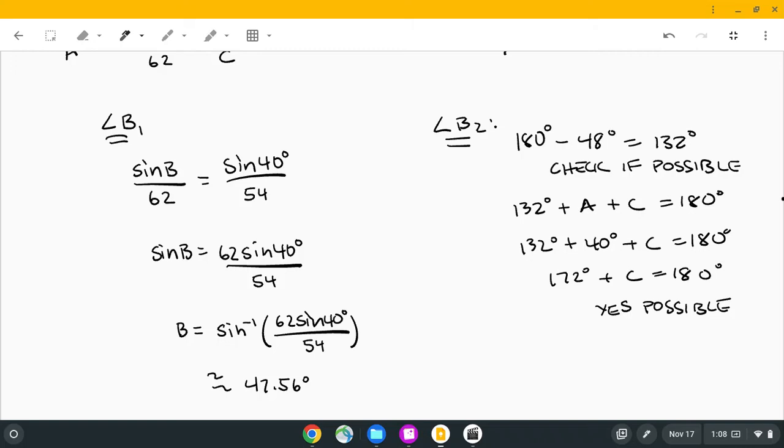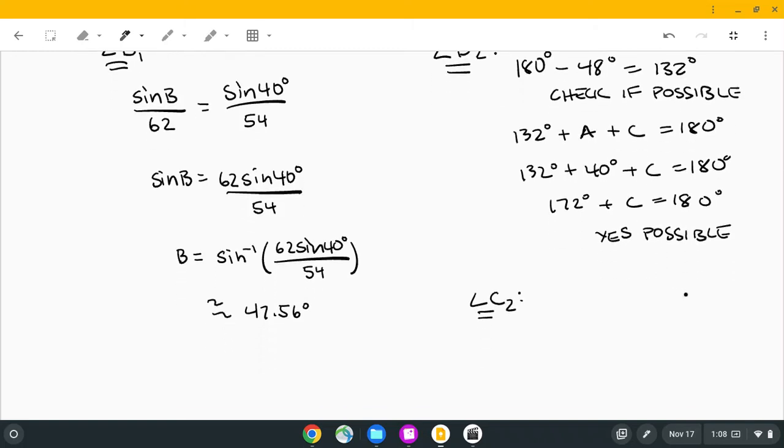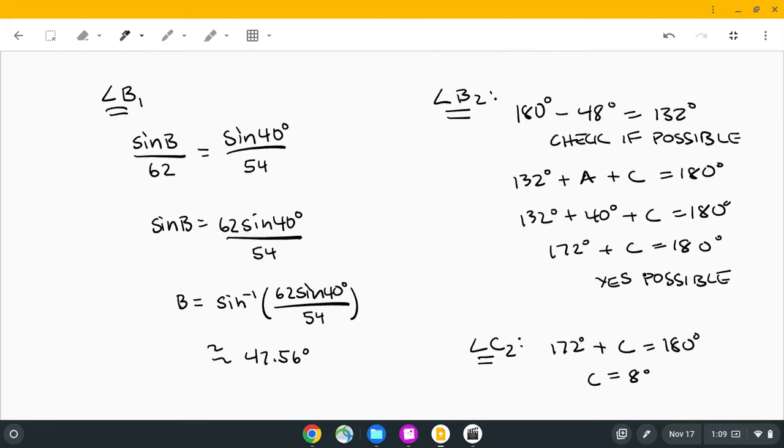So here we just found angle C. Here, angle C2 is 180. Here, 172 plus C equals 180, and so C equals 8. Okay, so an itty bitty degree there, but still possible.